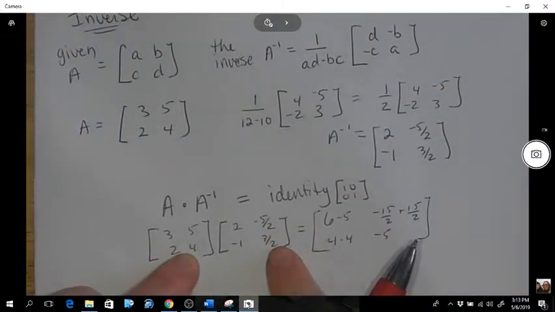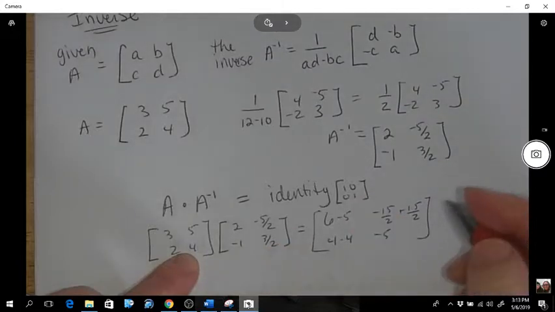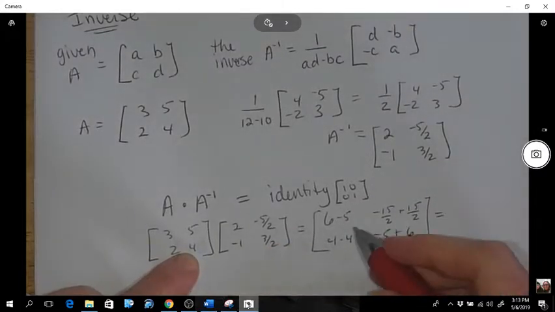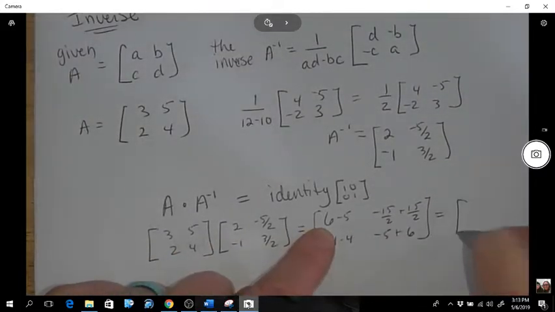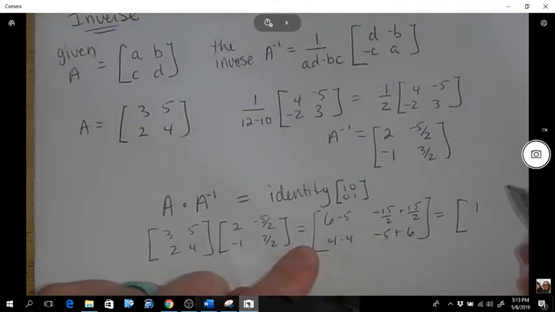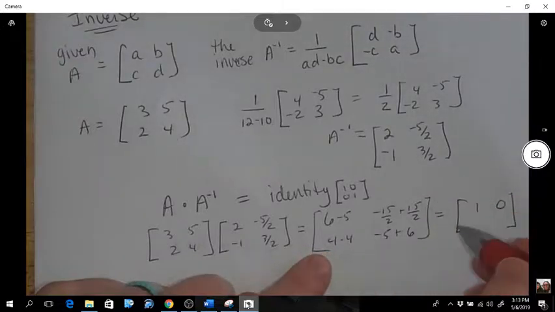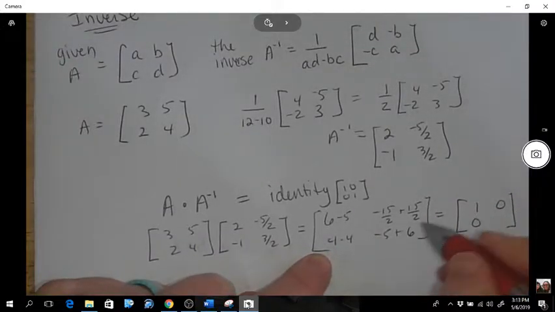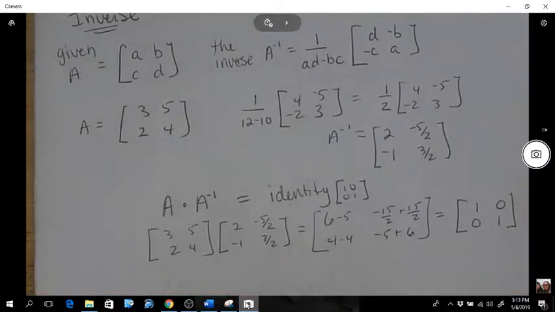And then this is 12 over 2, which is 6. So 6 minus 5 is 1. Negative 15 plus 15 over 2 is 0. 4 minus 4 is 0. And 1. So we get our identity matrix.